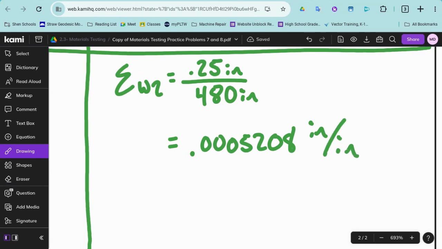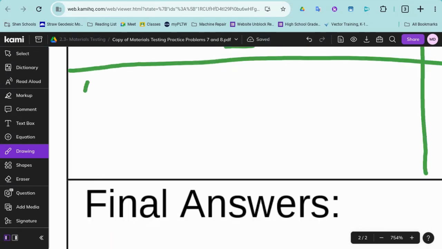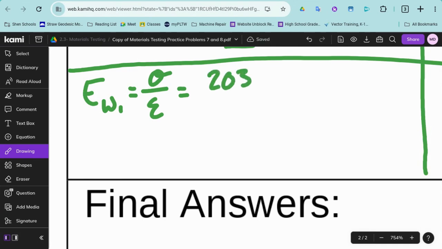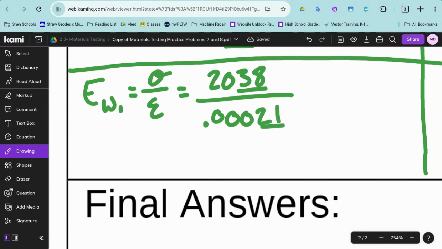Finally, our modulus of elasticity for wire 1 is going to be equal to the stress over the strain, which for wire 1 is 2,038. And again, here I'm trying to use the unrounded number that I calculated up above. And our strain is 0.00021.